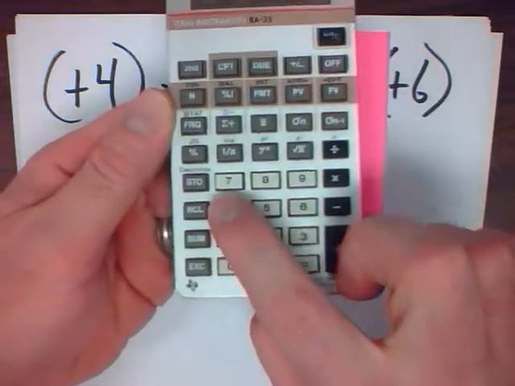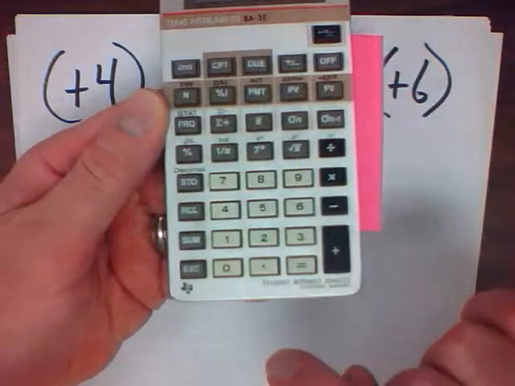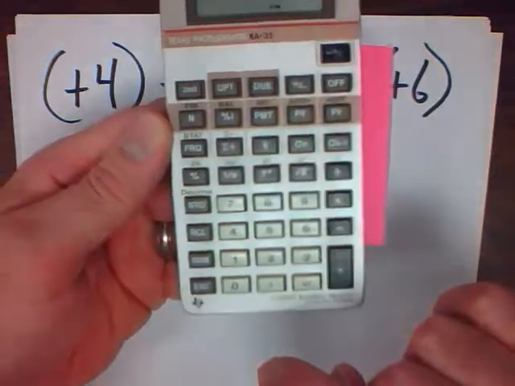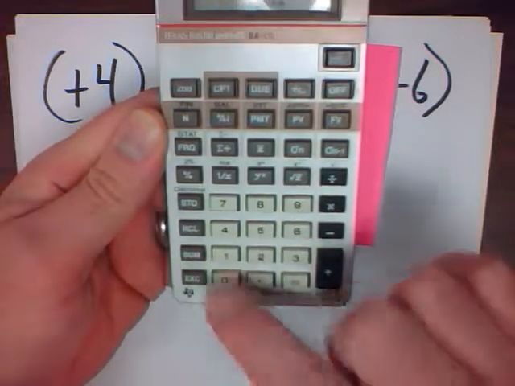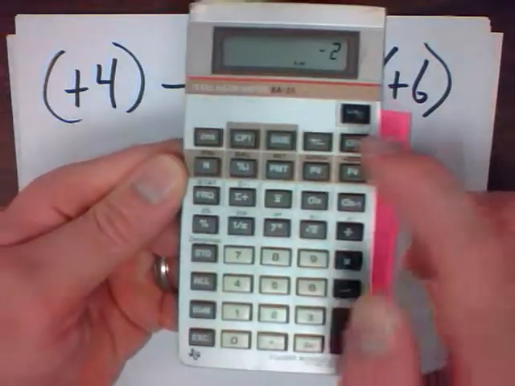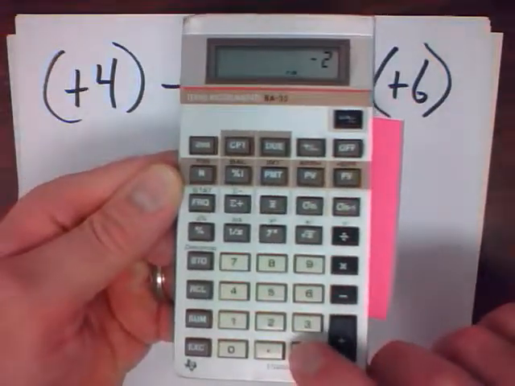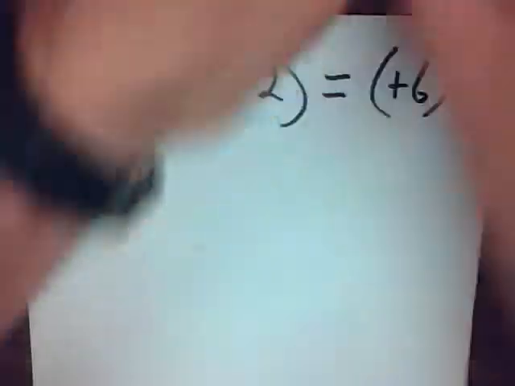Here we go again. 4 minus 2. Now where on this calculator is the negative sign? I'm having a hard time finding it. There we are, up there. And then the equal sign. Right, there's the sign on that one.